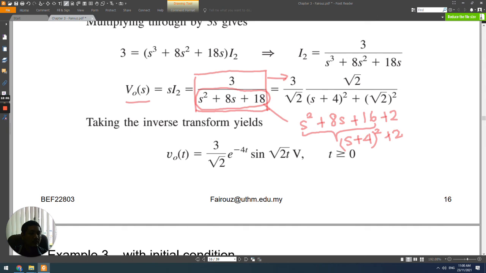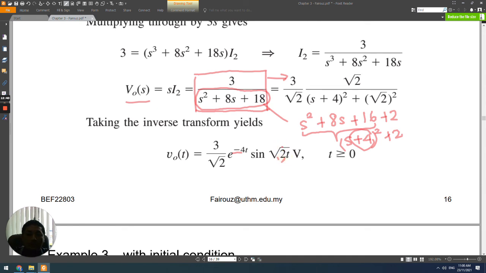So here the form can now be referred to the Laplace transformation table. If we look at the table, we can transform into exponential negative 4t, from here, and then sine square root of 2 t.